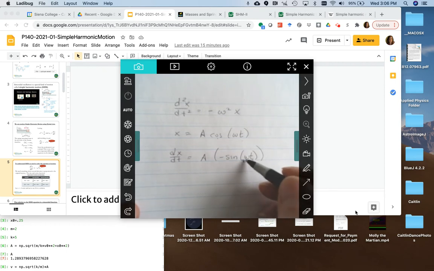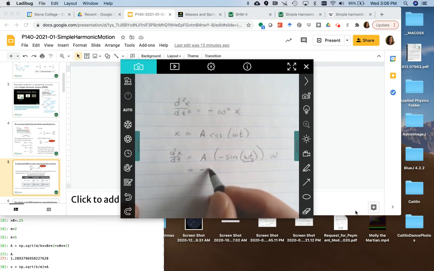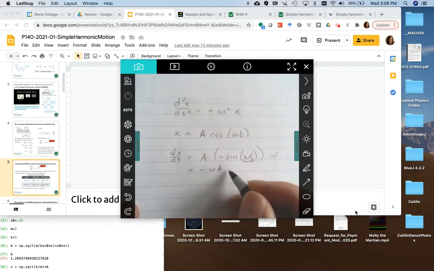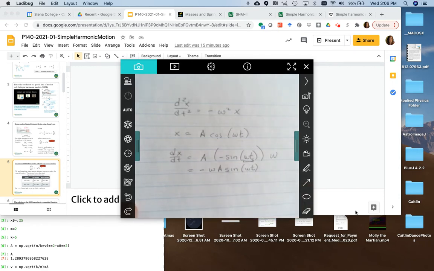So the derivative of omega t with respect to t, the t just becomes 1, and we get a factor of omega out there. If I bring my constants out to the front, I get minus omega A sine omega t. Okay, and that's my first derivative.